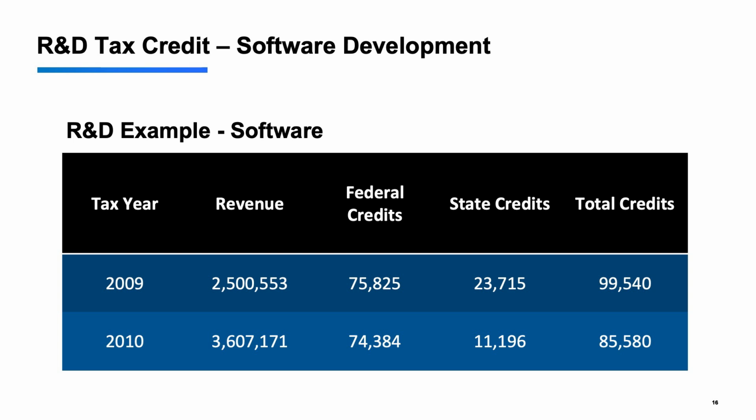Now, R&D credits are also available at the state level depending on the state where the business is based. In this case, this business qualified as well for about $24,000 and $11,000 respectively. So check out the total credits, almost $100,000 in year 1.